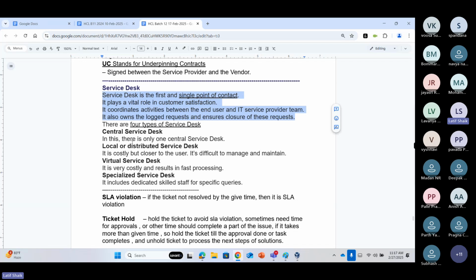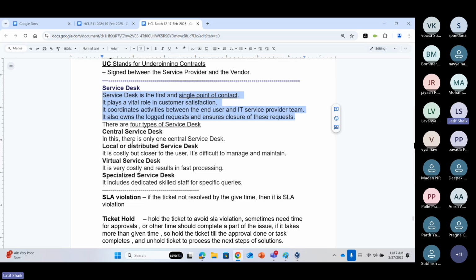My customers are in India, in New York, in New Jersey, in the UK. Whatever the customer base is, we can provide one centralized service desk. They will contact through the service desk and we can resolve it based on their service requirement.